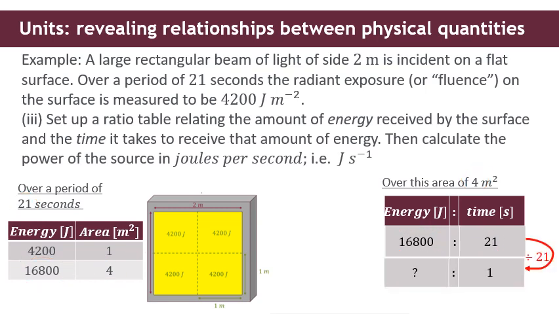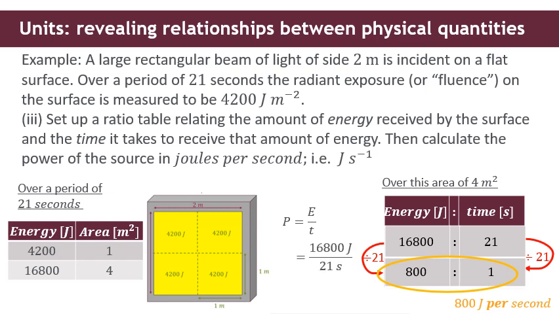Dividing by 21 on the right-hand side, dividing by 21 on the left-hand side, to get 800 joules per second. That is your power. And just for completion, we can use a formula in this case as well. Power is energy over time. That's 16,800 joules over 21 seconds, 800 joules per second, 800 watts for that area of 4 square meters.